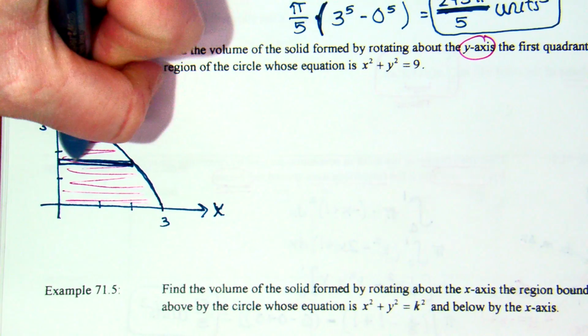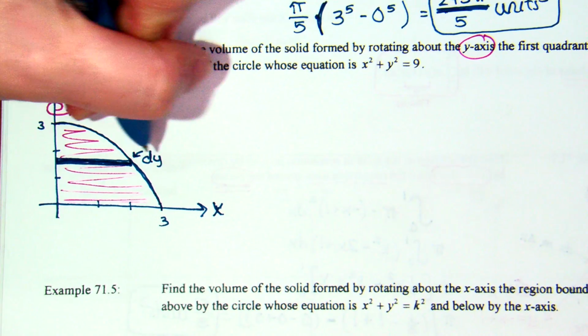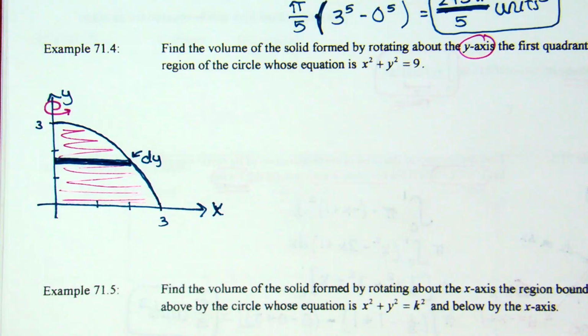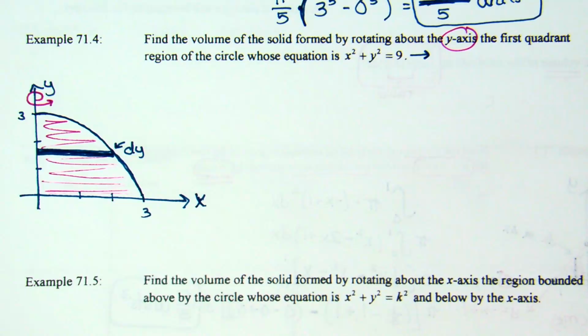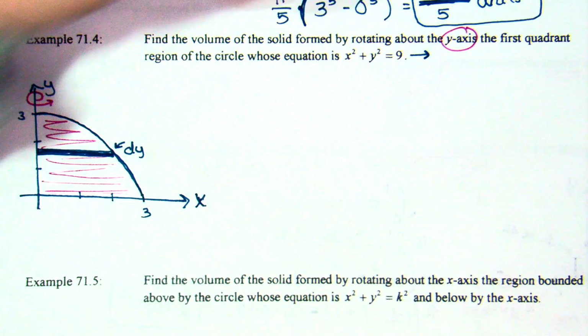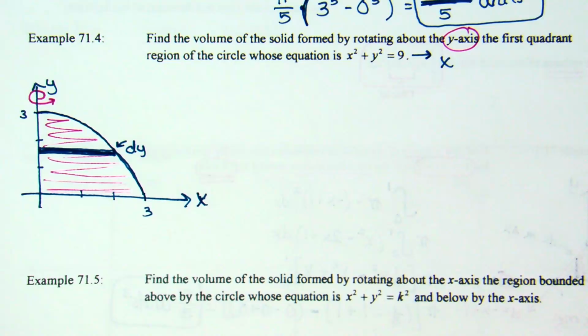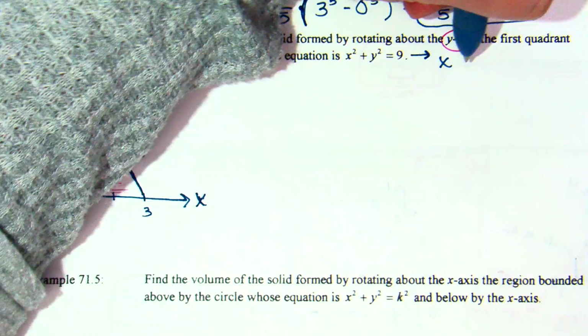Now, what form do we want of the equation x squared plus y squared equals 9? We want it to be x equals. Because we're revolving about the y-axis, when I work the problem, I'm going to use y's. So if I solve this for x, officially, the square root of 9 minus y squared, and officially I should say plus or minus.